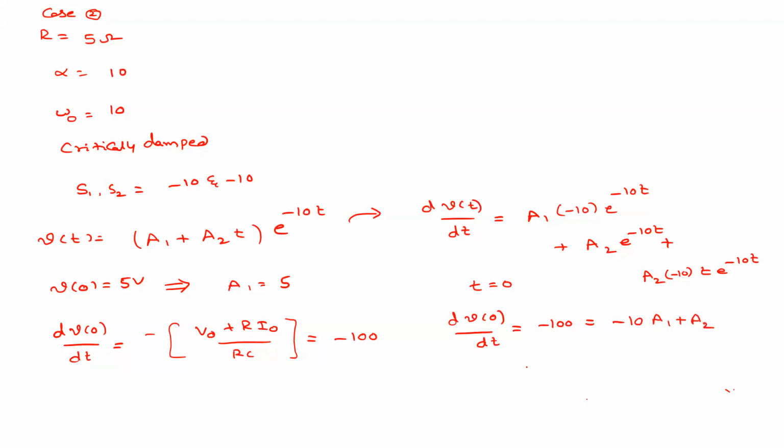Okay. So A1 value is already known to you, right? So what is A2 value? A2 is minus 50. So the overall solution for V of t is, A1 is 5, so 5 minus 50t into e to the power of minus 10t volts for t greater than or equal to 0.